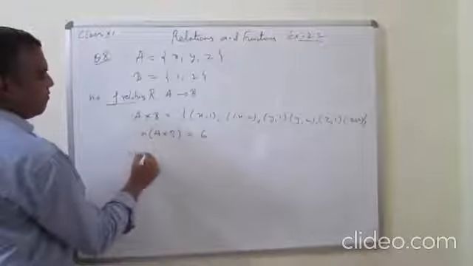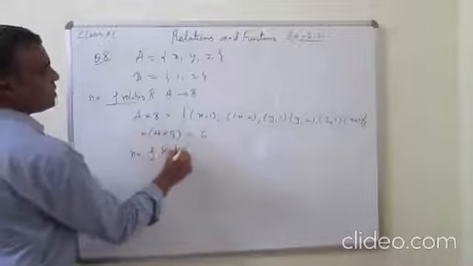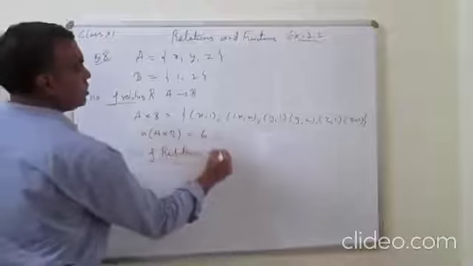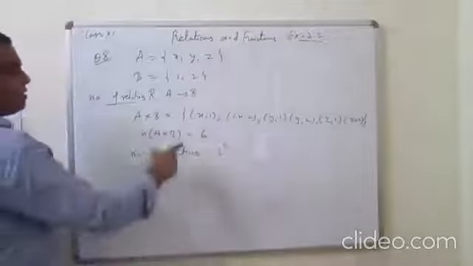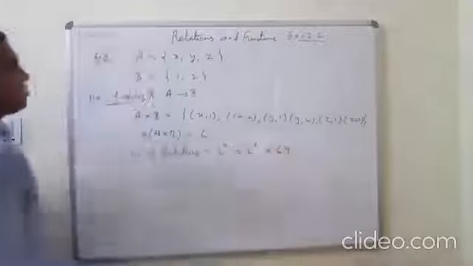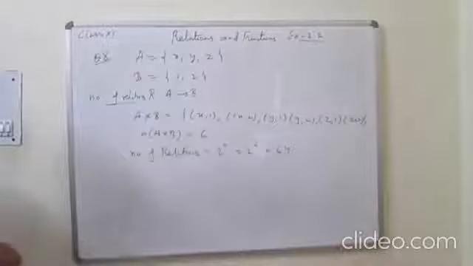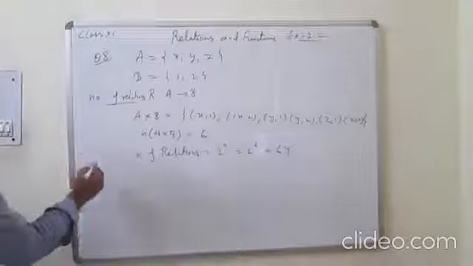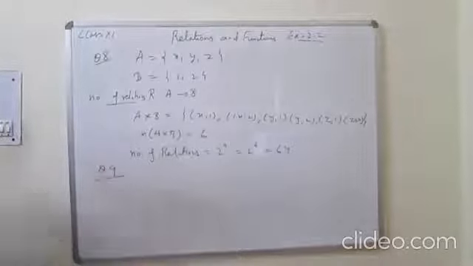Now the number of relations is equal to 2 to the power n, where n is 6. 2 to the power 6 is equal to 64 relations. Now the last question, number 9.